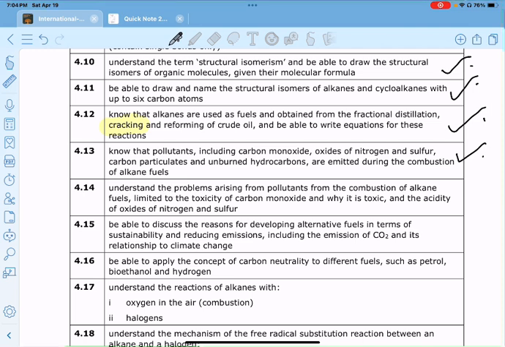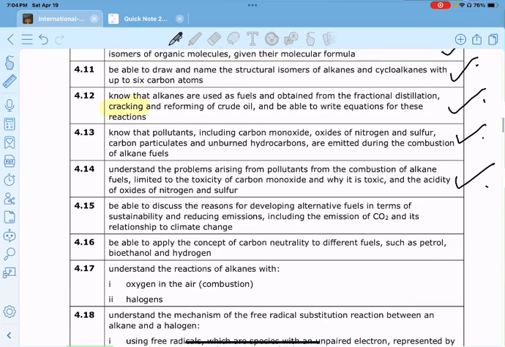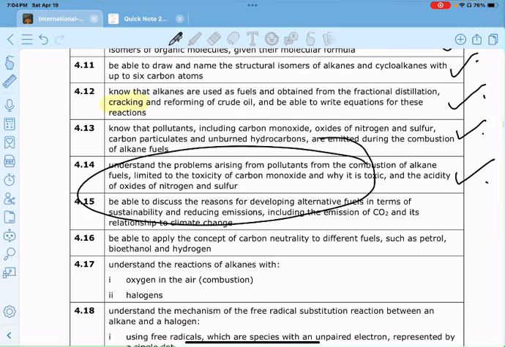Sulfur oxides do lead to acid rain, even nitrogen oxides. They're both toxic gases, is what we're supposed to know. In the car, they are converted into less toxic gases, okay? So we're supposed to know those things, but you can just take that. You're not supposed to know as much about 4.14. I don't see it being tested as much, but it's good to do a bit of research into those things.